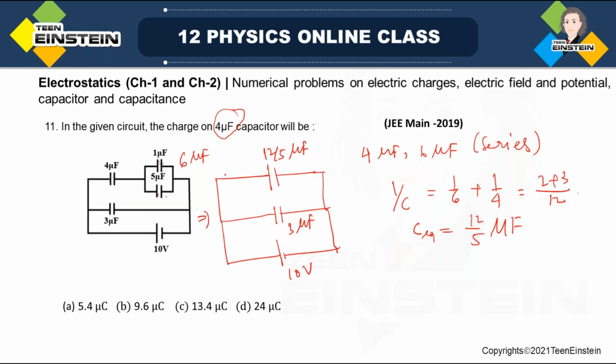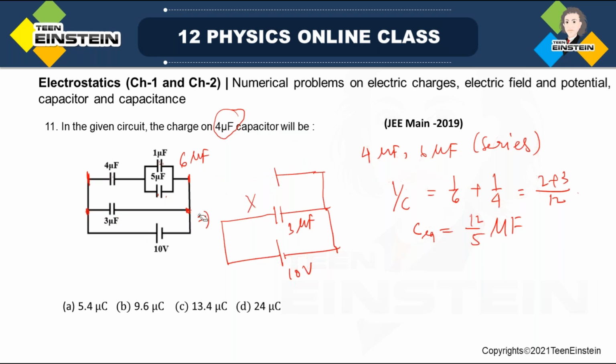See, one thing is very clear, that these two are actually parallel. So this branch and this branch, they will have the same potential difference across them. So the potential drop across this is 10 volt, and across 3 microfarad also 10 volt. I don't even have to go here.